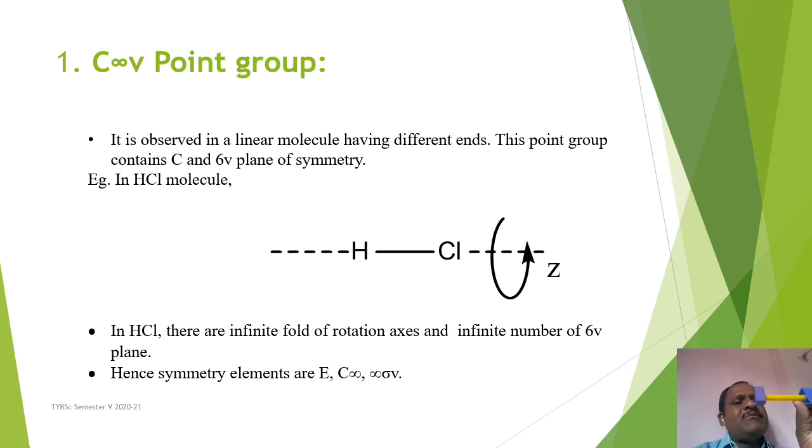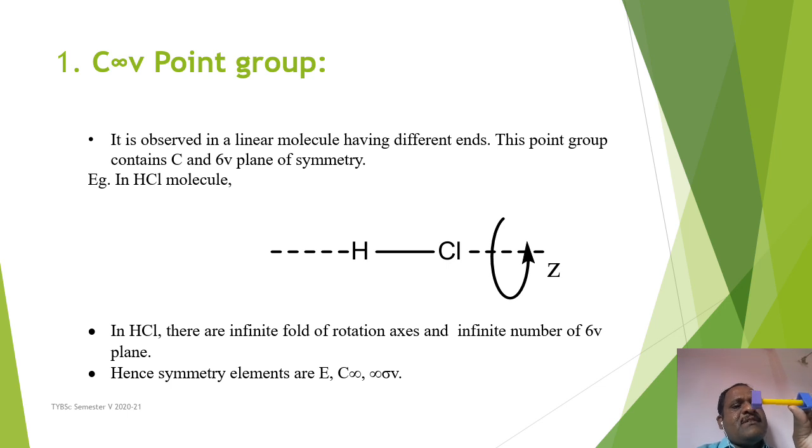It is a linear molecule having two different ends. Both are different. In this type of example, if you pass an axis from hydrogen through this bond to the Cl, and when you rotate that molecule you will get an infinite number of rotations, infinite fold of rotations.